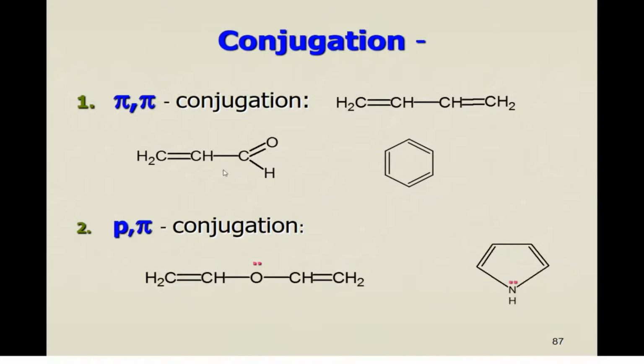P-pi conjugation also can happen in an aliphatic structure or a cyclic ring structure, supposed to be a lone pair donor in alternate position. So here a pz orbital is present, and that's why extra overlapping happens with a pi bond of an sp2 hybridized carbon in a double bond. And here also double, single, double, pz orbital with a lone pair. This is p-pi conjugation. As a result, a delocalized pi bond is present.